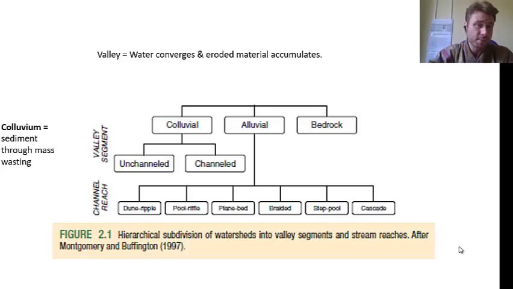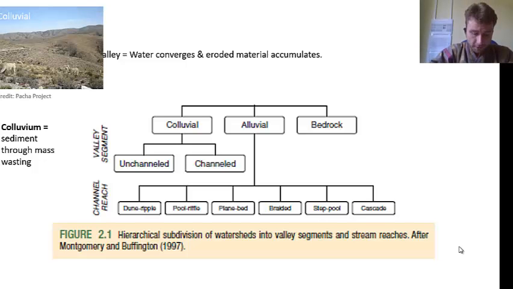First being colluvium, with colluvium meaning sediment that's accumulated through mass wasting, as in through landslides or any of those other debris. And so in colluvial valleys, water-based transport of sediment is really limited.